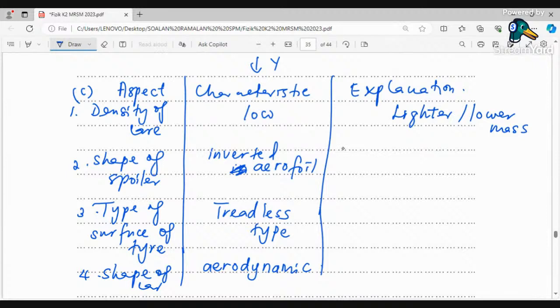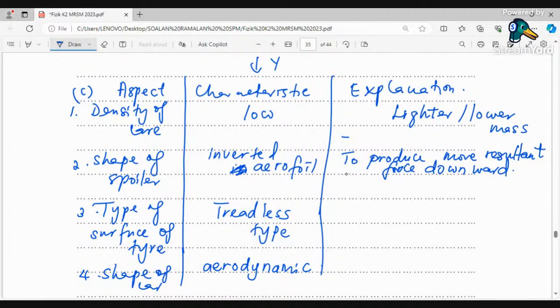Okay, inverted aerofoil to produce more resultant force downward. Okay. Sebab kalau dia letak macam biasa, dia akan hasilkan lift force ke atas. Sekarang you inverted ke bawah, dia akan hasilkan force downward.